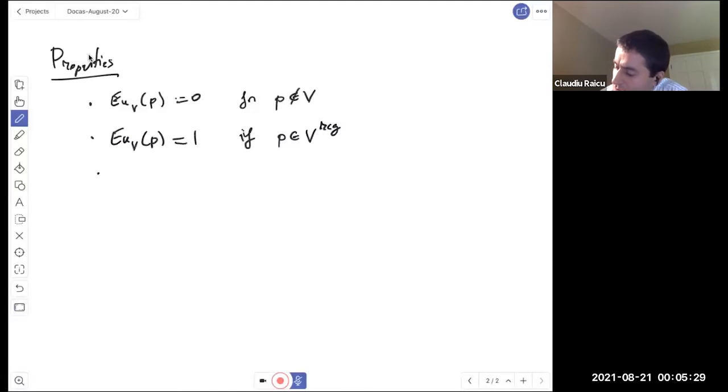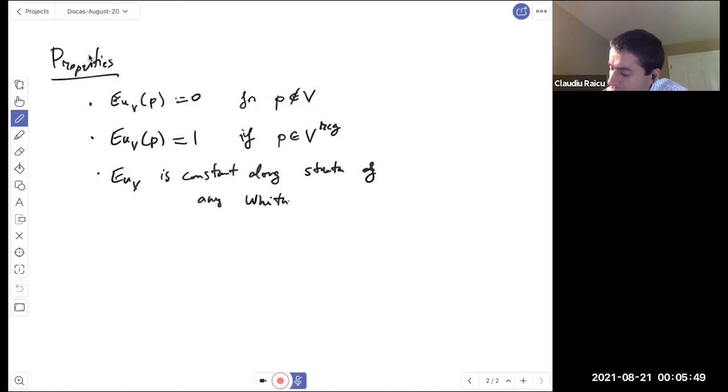And then it's going to be constant along any sufficiently nice stratification. So let me just say that this is constant along the strata of any Whitney stratification. But anyway, basically any stratification you think about in nice examples would have these properties.